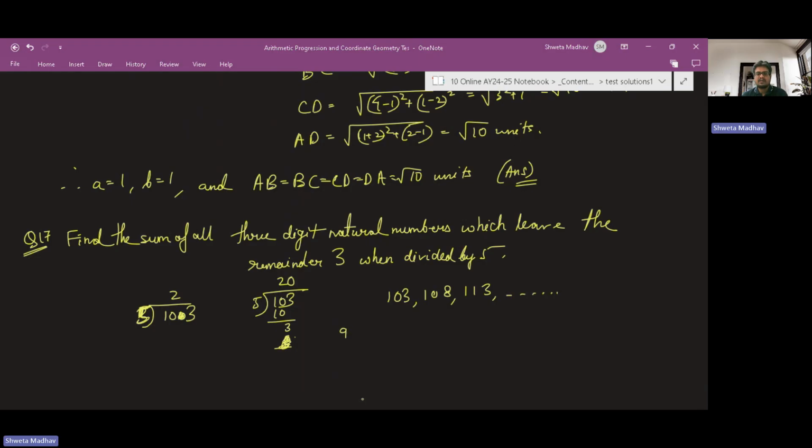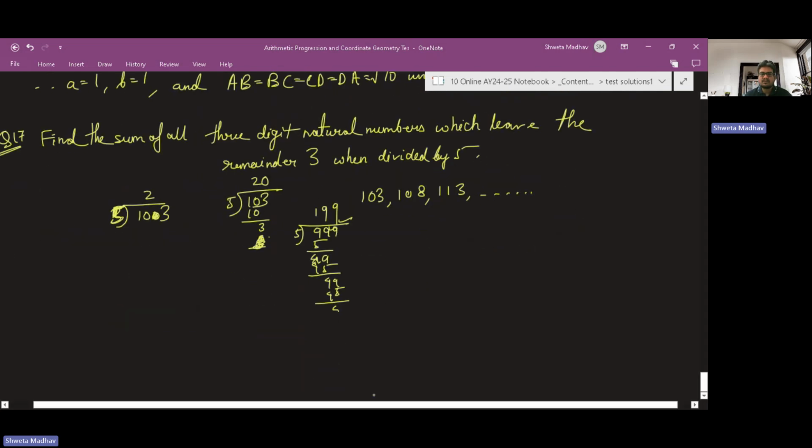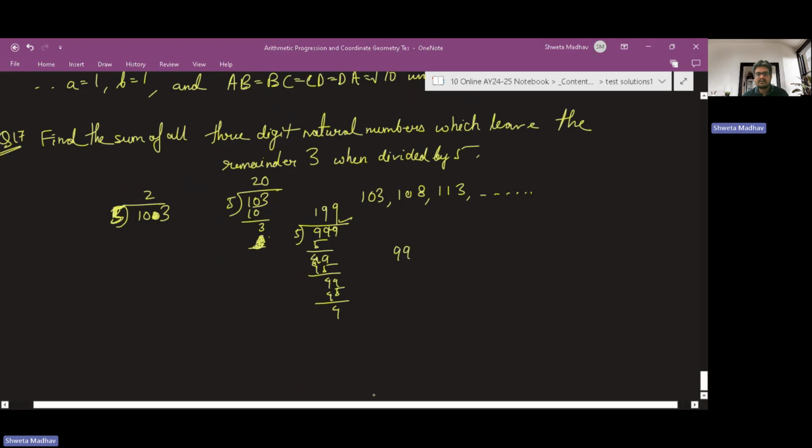And it will go till we divide 999. Dividing 999 by 5, the remainder is coming 4. So if we take 998, the remainder will be 3.